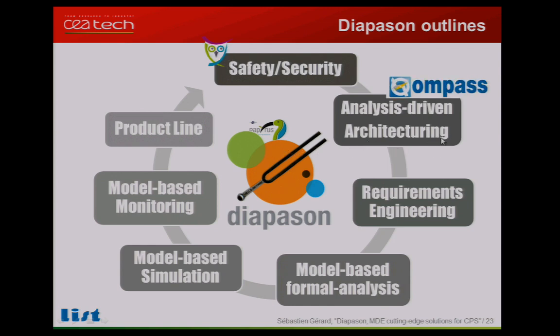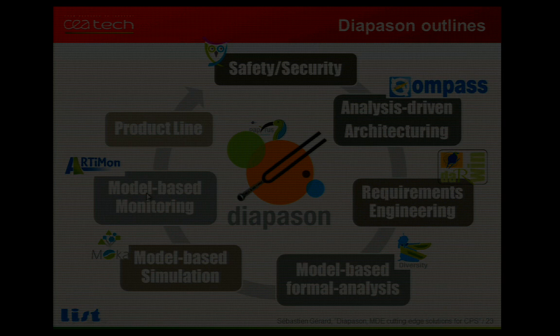We have also developed a framework called Compass to enable what we call analysis-driven architecture, where we make some optimization of the deployment of an application and schedulability analysis. We have developed an extension focused on requirement engineering, one focused on formal analysis, and one focused on model-based simulation. I will make a snapshot of this one also. One is dedicated to providing support for monitoring applications, for example if you need to make diagnostics.